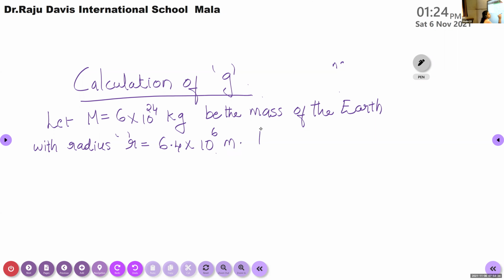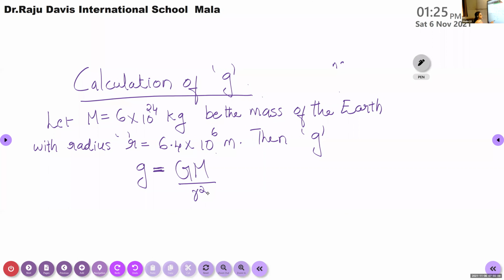Then the acceleration due to gravity g is given by small g equals, yes, capital G into capital M divided by R squared.